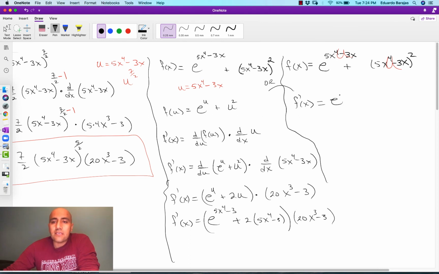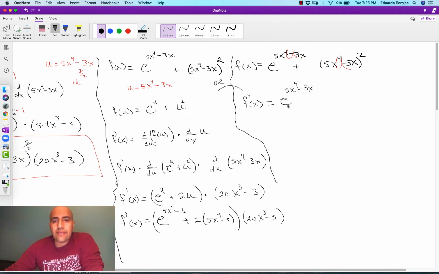So that's going to be e to the 5x to the fourth minus 3x, pretending that's just a single letter. But then you have to pay the piper here. The price for pretending that this was a single letter is to multiply it times the derivative of that expression which you pretended was just a single letter.